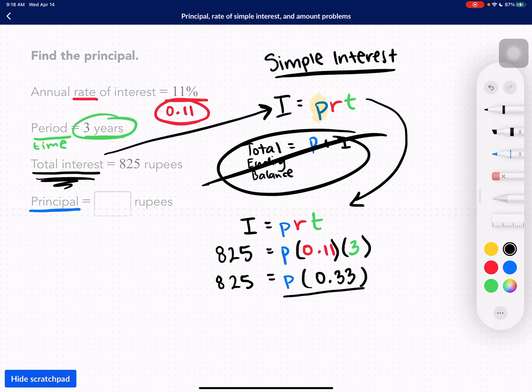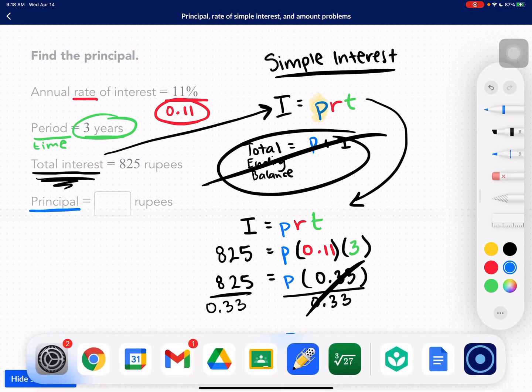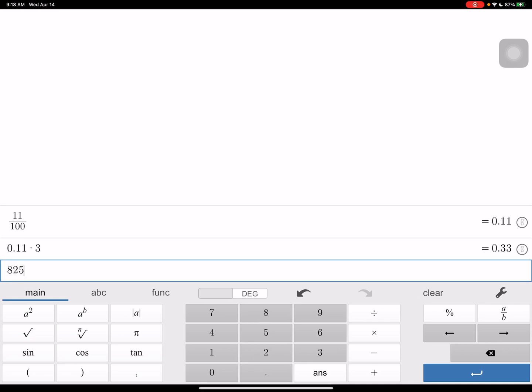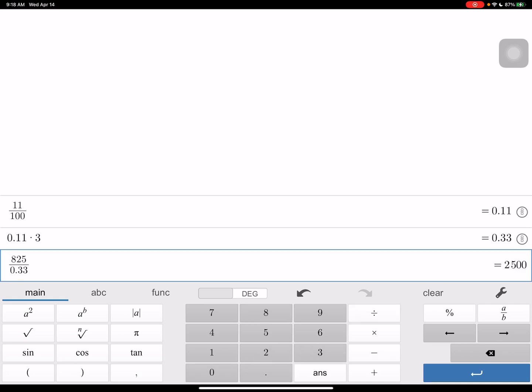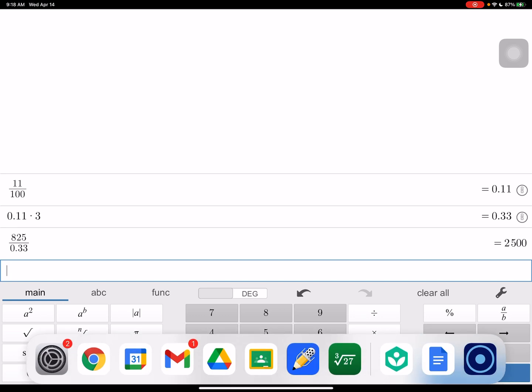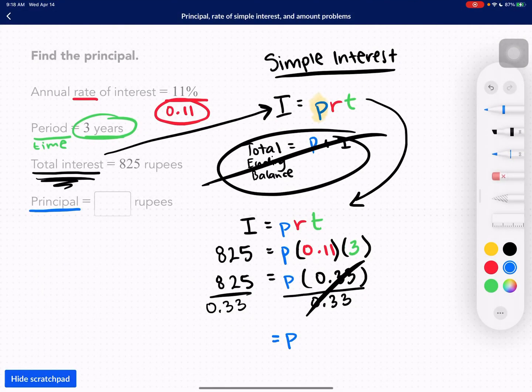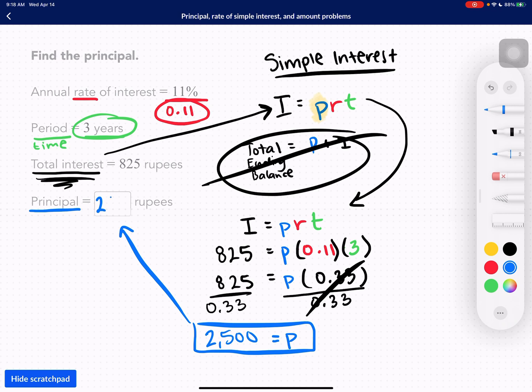So I'm going to divide both sides by this 0.33 to undo that multiplication and leave P by itself. So now I'm left with P equals, we'll go ahead and do 825 divided by 0.33. I get 2,500. So my original amount that I invested was 2,500 rupees. Okay, so please pause the video if you need to get the rest of these notes down.